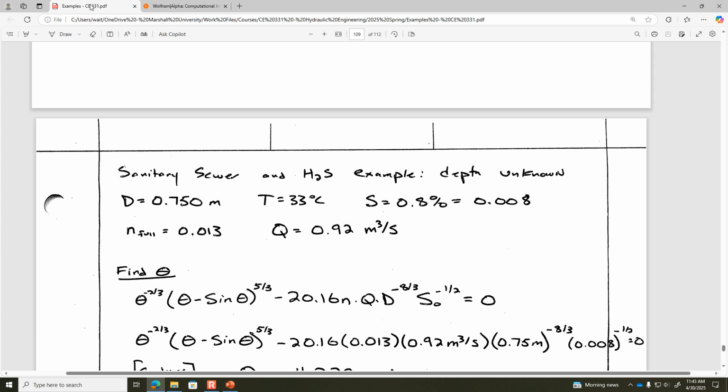I'm not sure how quickly the numerical solver works on the Casio. Let's just give it a shot together in parallel.